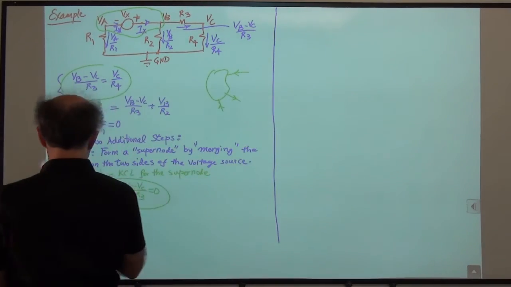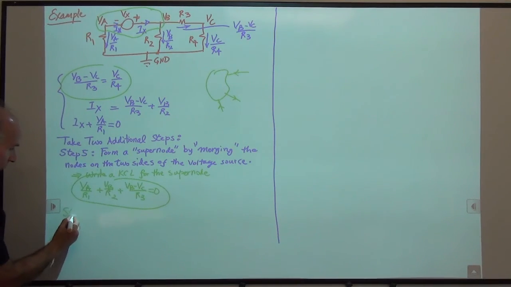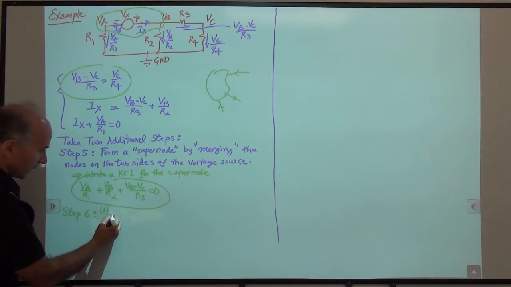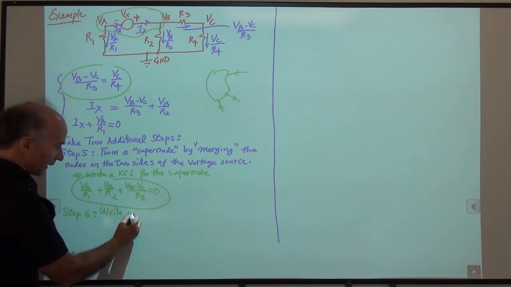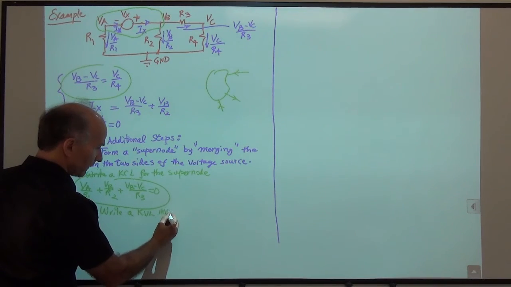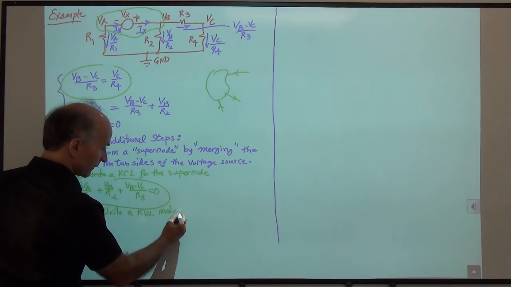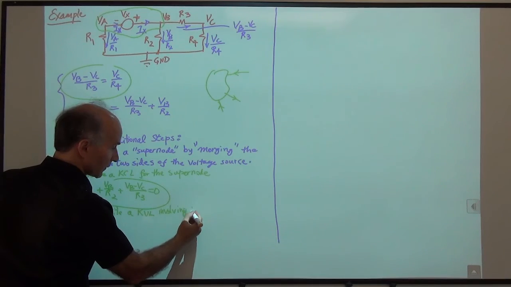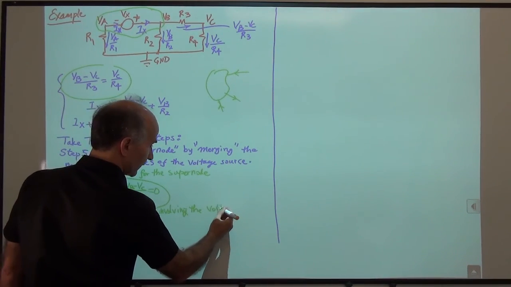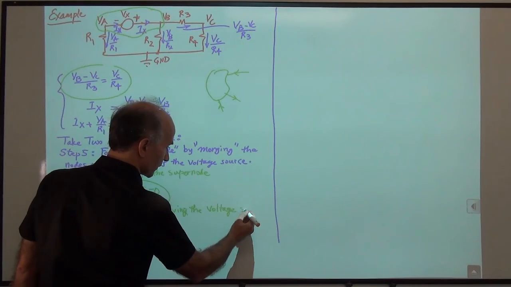And the next step, step number 6, is to write a KVL involving the voltage source. Remember the voltage source that's giving us trouble? We're going to write a KVL involving that voltage source.